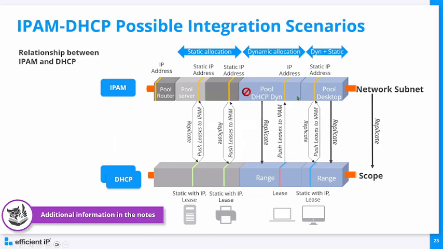Now, this slide is to summarize what we have talked about in terms of the replication from IPAM to DHCP, and also from DHCP to IPAM. It summarizes everything in one slide.